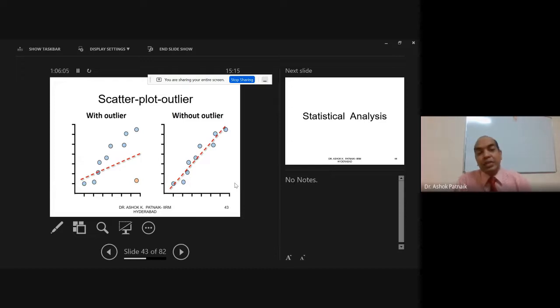The popular one is scattered plot diagram. Generally, you try to plot all the values in terms of a scattered line, and you try to see whether they are closely related or not. Here you can see some outliers will be there.